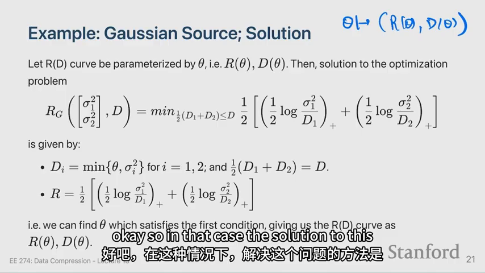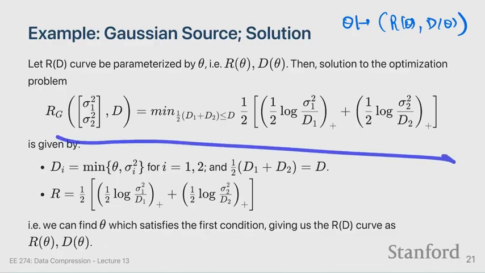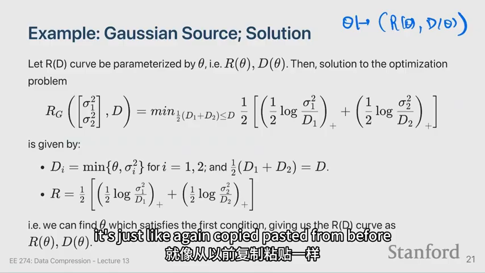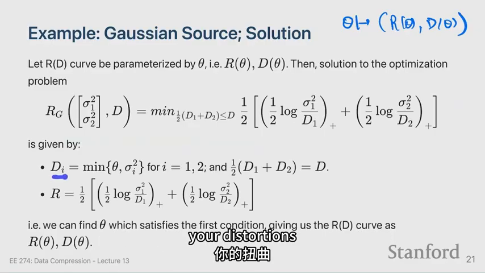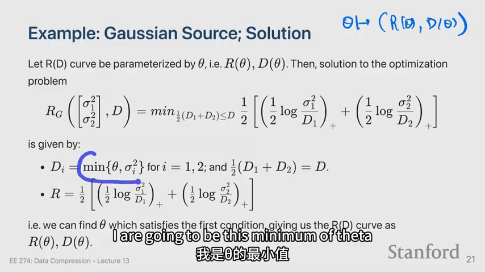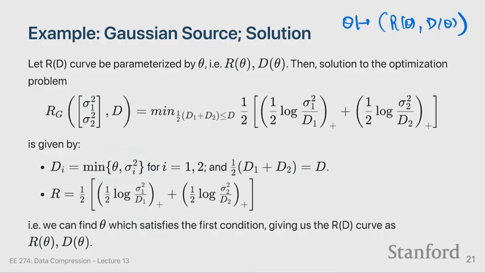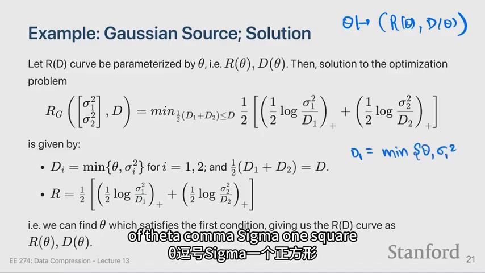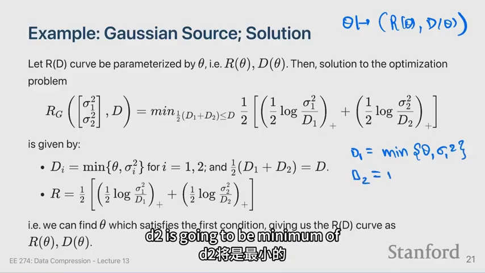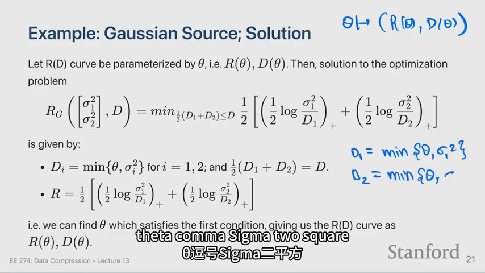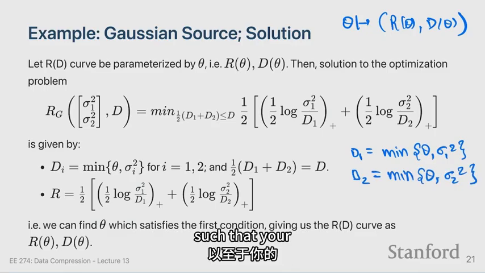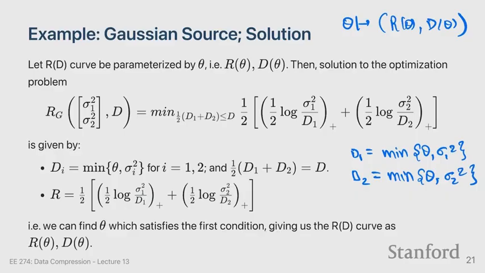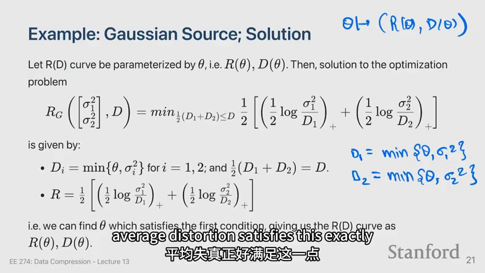Okay. So in that case, the solution to this whole thing, copy pasted from before, is that your distortions Di are going to be the minimum of theta comma sigma i square. So your D1 is going to be the minimum of theta comma sigma 1 square, and D2 is going to be the minimum of theta comma sigma 2 square, such that your average distortion satisfies this exactly.